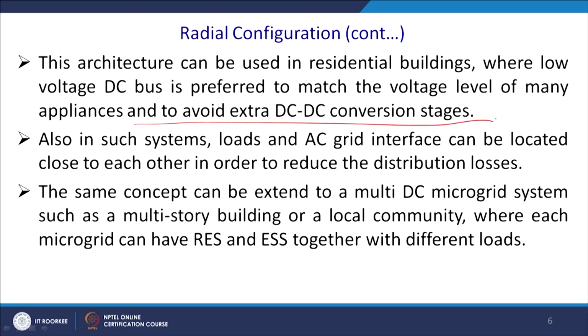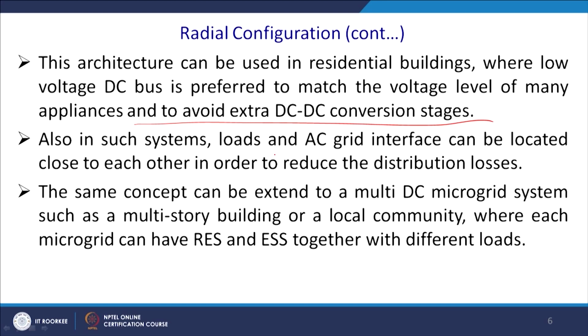For example, nowadays you can have inverter fed ACs, so you supply it from a DC input, and there you may require a certain voltage, and for your LED you require a lower voltage, and you may have different voltage levels for different appliances.